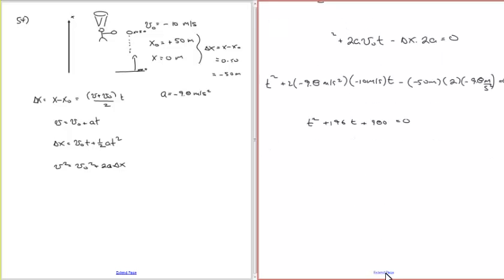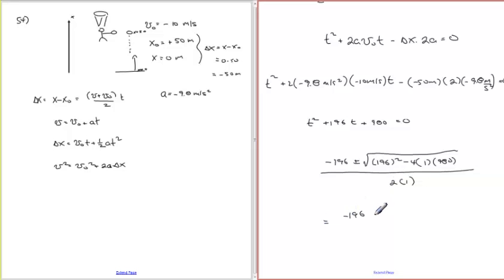In this case, the easiest thing you probably do is use the quadratic formula, which is minus b plus or minus the square root of b squared minus 4ac, all divided by 2 times a, which is 1. So we get negative 196 plus or minus.